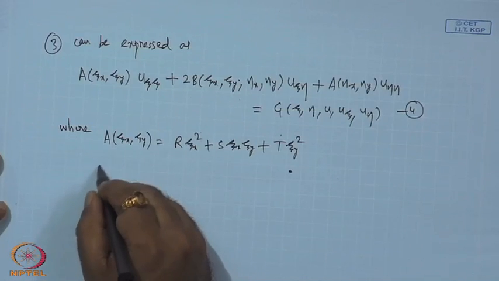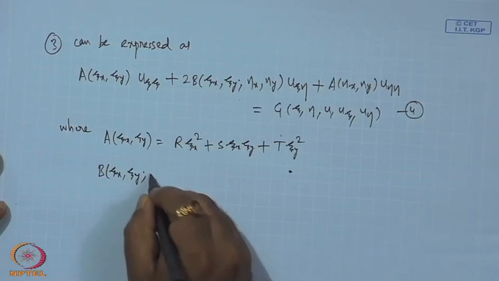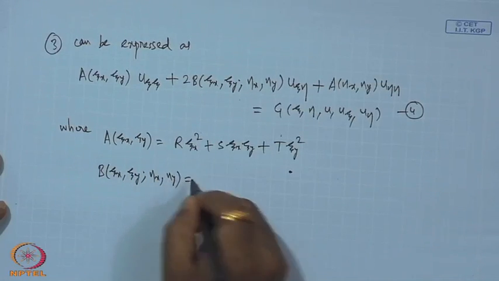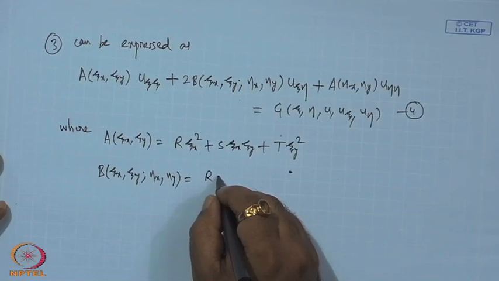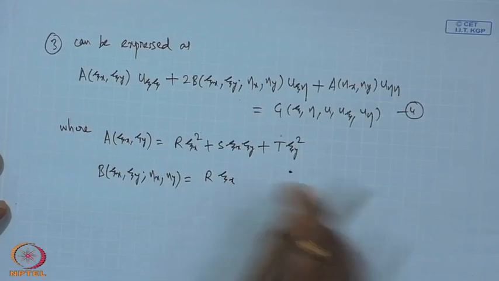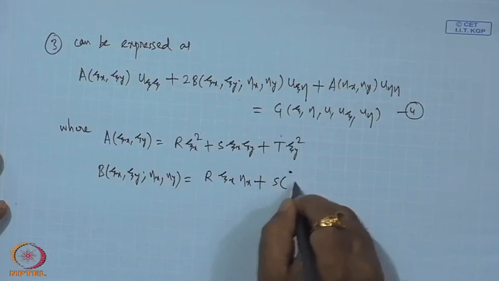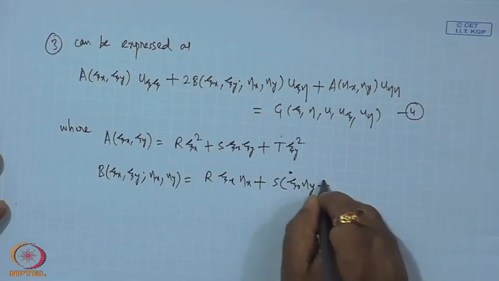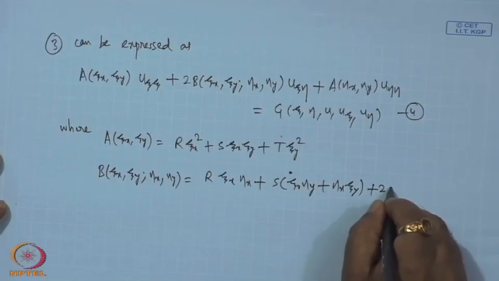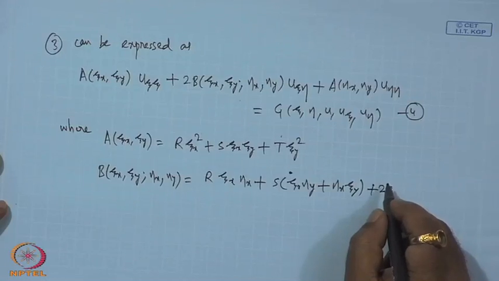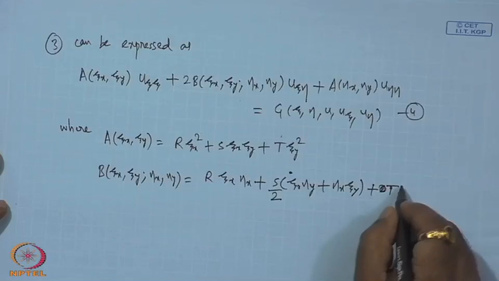Where a and b, so this is r, s by 2 I would use, since 2 I would like to remove, t.